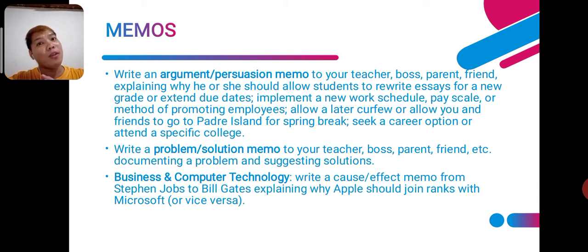So memo does not only refer to work or whatever, but again, number one, I have already mentioned kanina, we have this what we call explanatory memo. We also have evaluative memo, and now we have this argument or persuasion memo. The task, of course, or the purpose, of course, of argument or persuasion memo is simply to persuade someone to believe in your stand. All right.